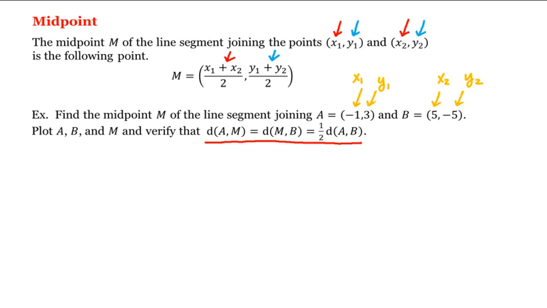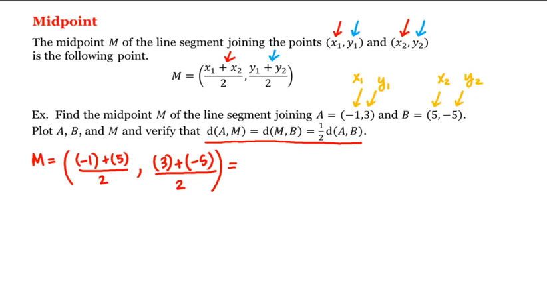And so by our formula here, M is equal to x1 plus x2, which is -1 plus 5 divided by 2, and y1 plus y2, or 3 plus -5 divided by 2, which is equal to -1 plus 5 is 4, and 4 divided by 2 is 2, and 3 minus 5 is -2, divided by 2 is -1. So our midpoint is located at 2, -1.